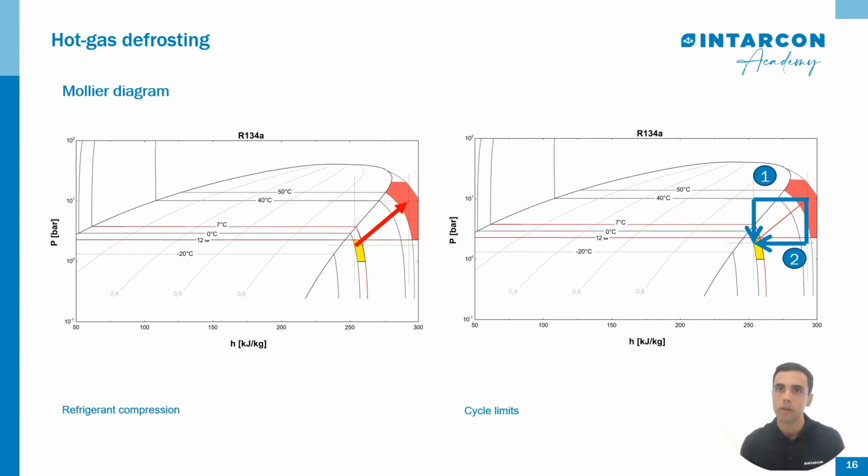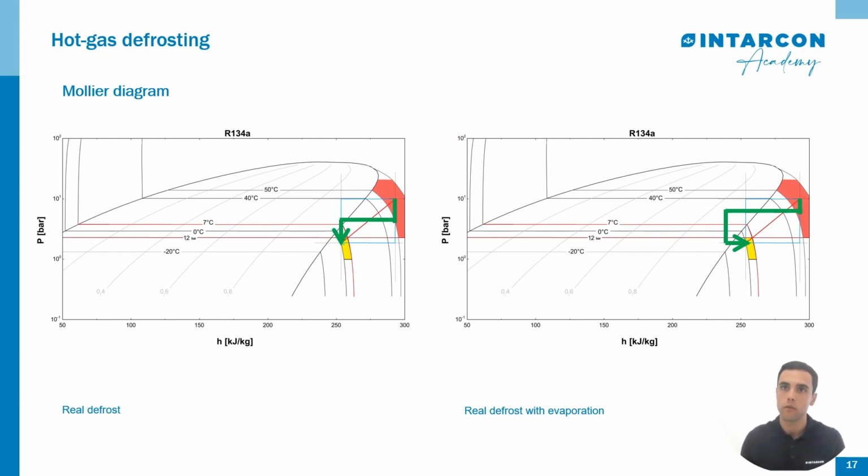Or path 2, expansion first and then isobaric cooling. The gas expands initially, reducing its pressure, and the gas is then cooled at constant pressure until it reaches evaporation temperature.